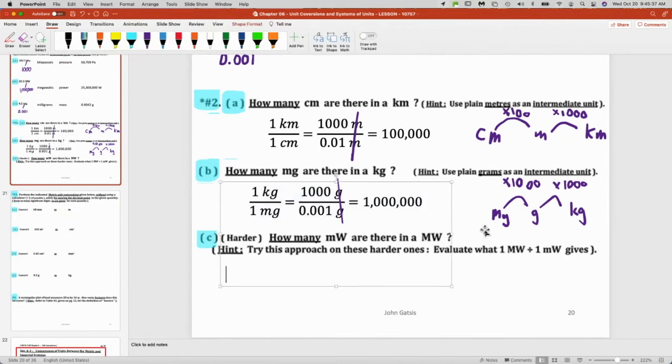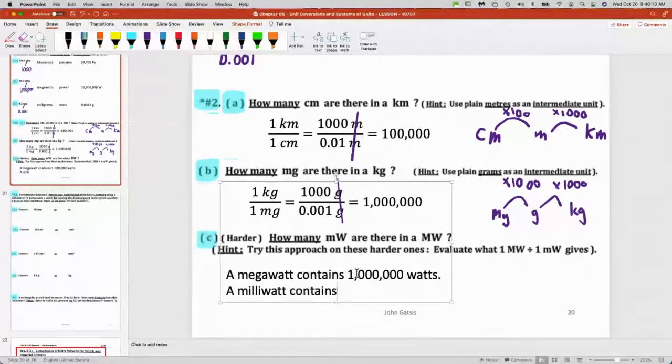Let me do this one a different way so that you can find the way that best fits you, okay? A megawatt contains 1,000,000 watts. A milliwatt, let me rephrase that.